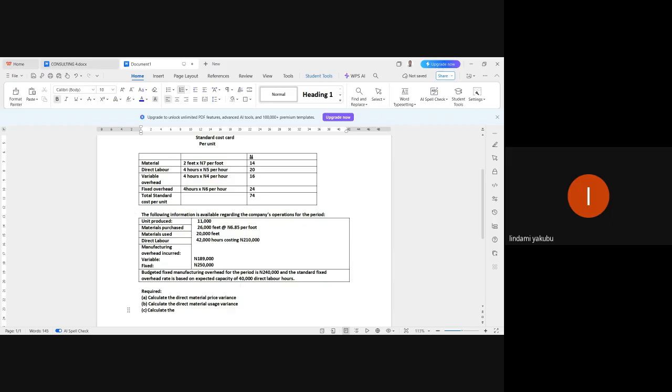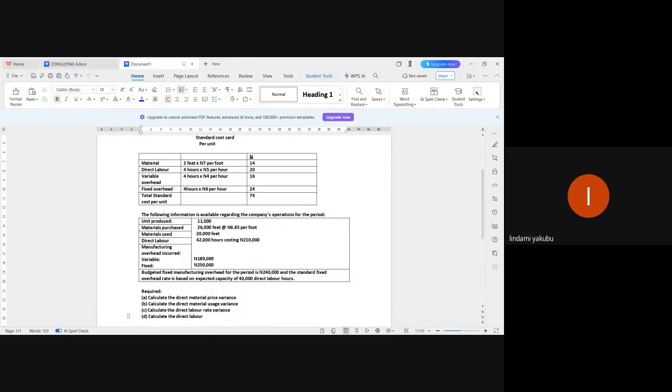The following information is available regarding the company's operations for the period. Units produced, we have 11,000. Materials purchased, 26,000 feet at 6 naira 85 kobo per foot. Materials used, we have 20,000 feet. Direct labor, we have 42,000 hours costing 210,000 naira.